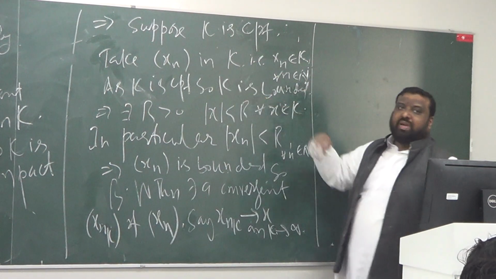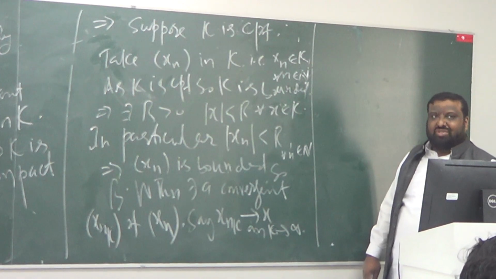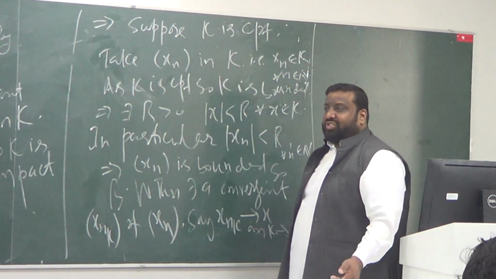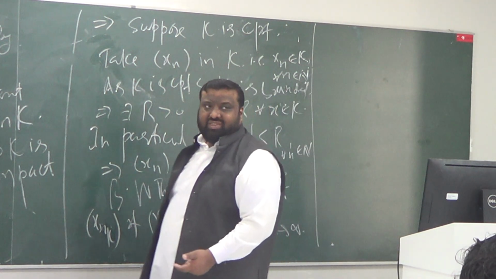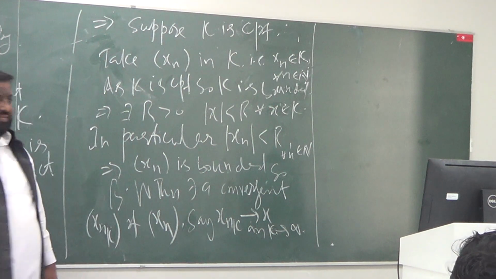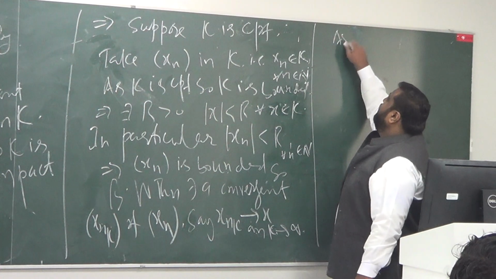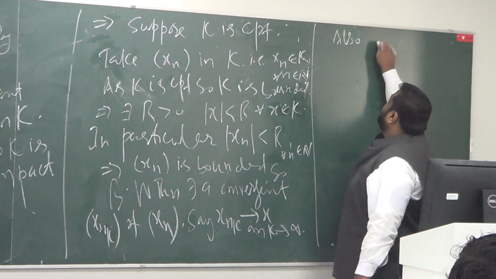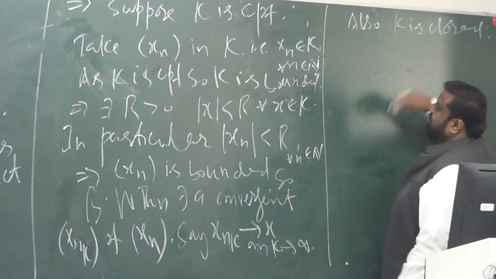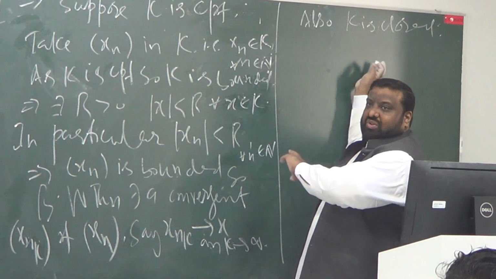But since K is compact, it's closed. We know a theorem about closed sets: if you take a convergent sequence in a closed set, its limit should also belong to the set. So you see that both things are playing a pivotal role, boundedness and closedness.